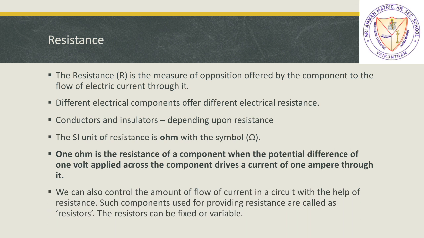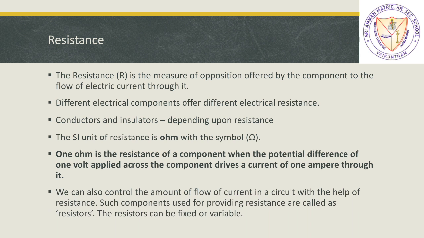We can also control the amount of flow of current in a circuit with the help of resistance. Resistance opposes, right? If it opposes less, the flow of current will be easy. If it opposes more, the flow of current will be very less. So depending upon this, we can control the flow of electric charges or current in the circuit.